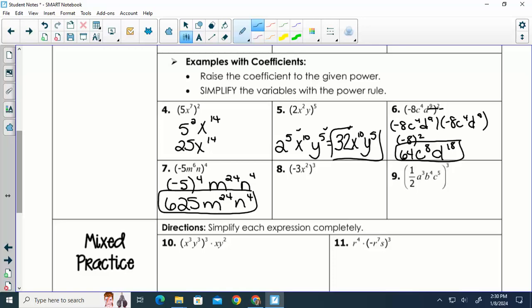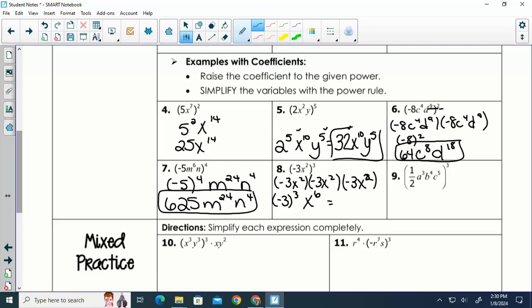Look at number 8. So, this cube on the outside, if you need, you could think of it, it's saying we have this thing 3 times. So we end up with a -3 to the 3rd and x to the 6. 2 times 3 is 6.